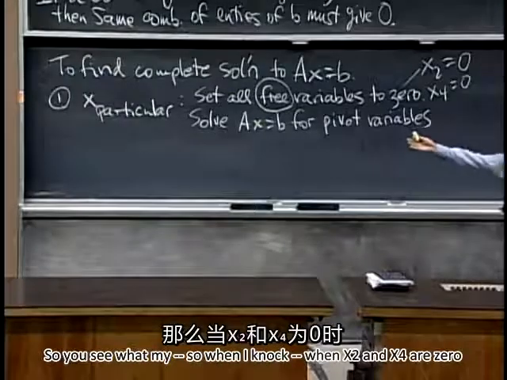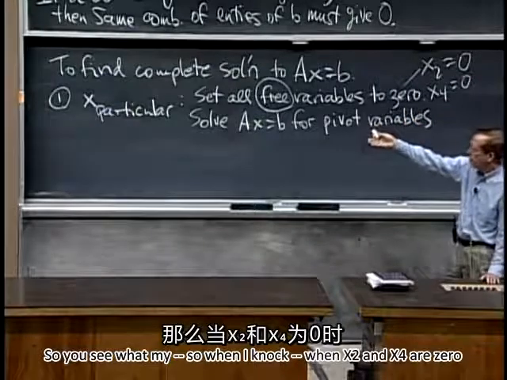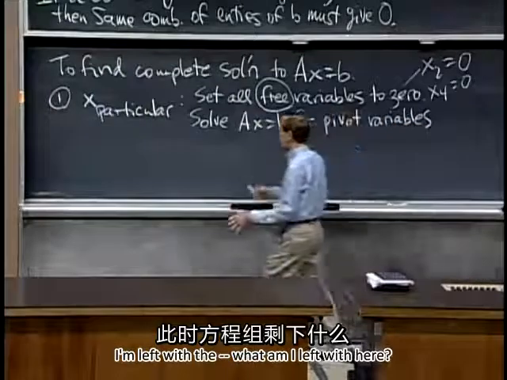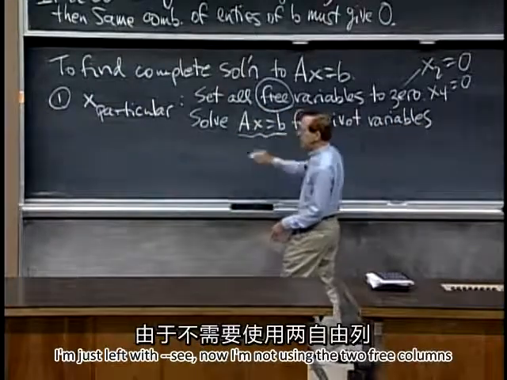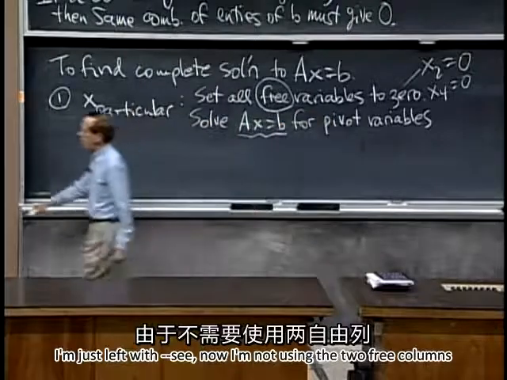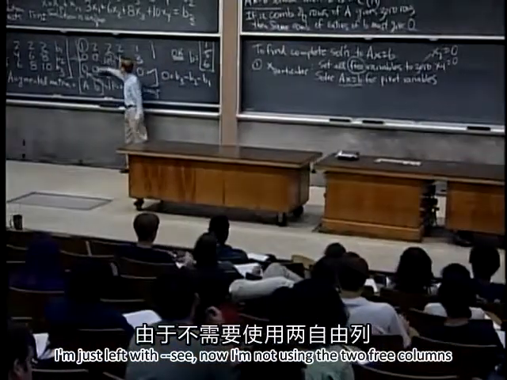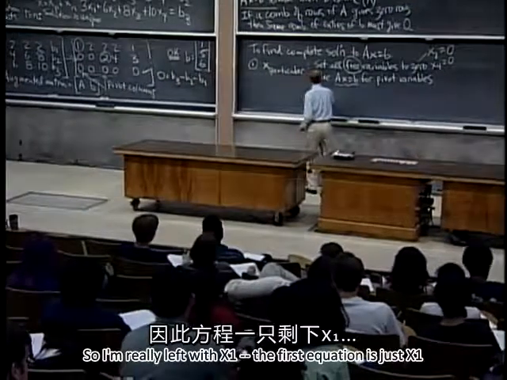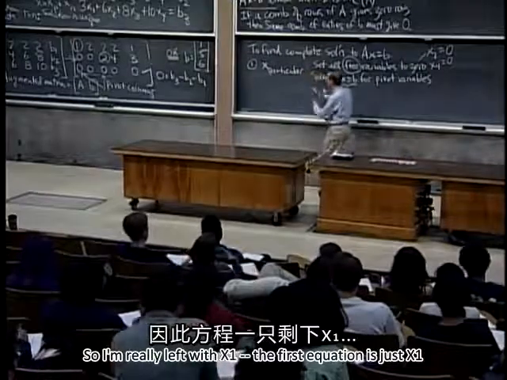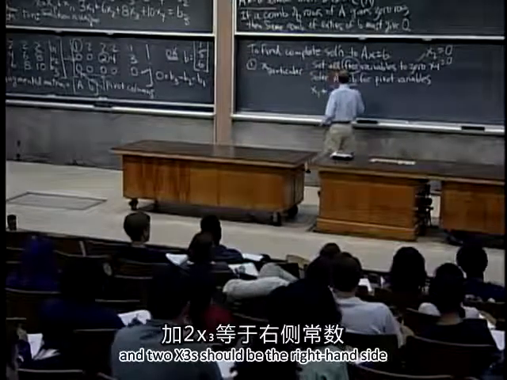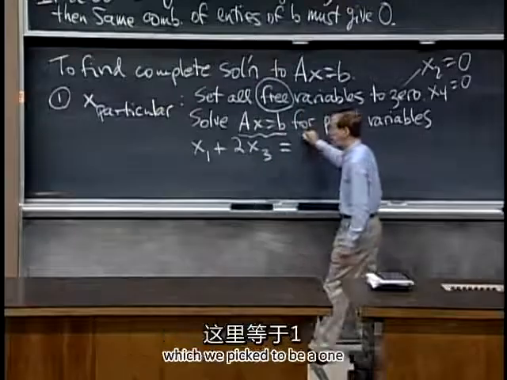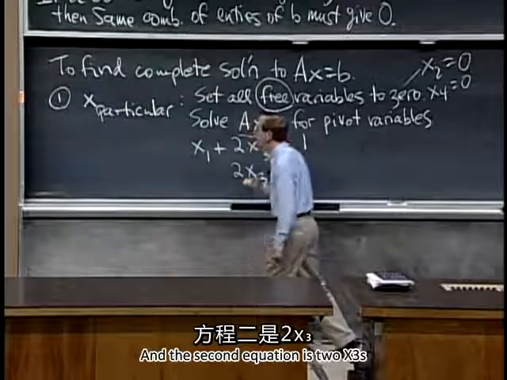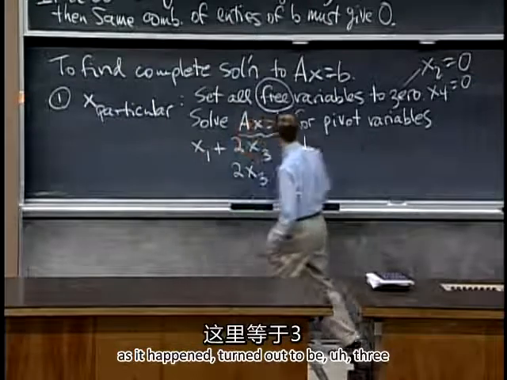So when x2 and x4 are 0, what am I left with here? I'm not using the 2 free columns, I'm only using the pivot columns. So I'm left with the first equation: x1 plus 2 x3 should be the right-hand side, which we picked to be a 1. And the second equation is 2 x3, as it happened, turned out to be 3.